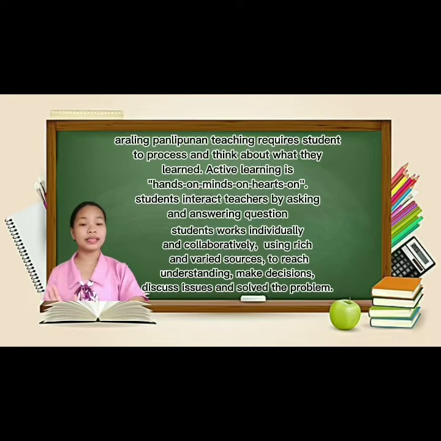Students interact with teachers by asking and answering questions. Students work individually or collaboratively, using rich and varied resources to reach understanding, make decisions, discuss issues, and solve problems. So Araling Panlipunan teaching is active when students discuss issues, solve problems, and make decisions for themselves.